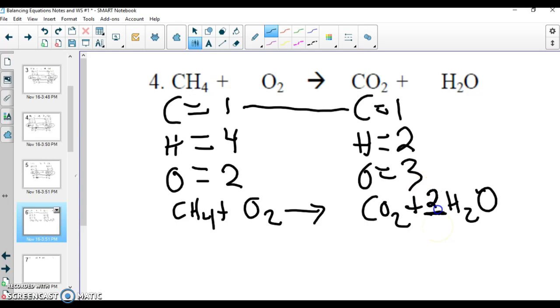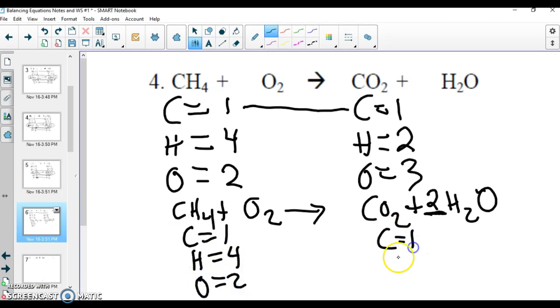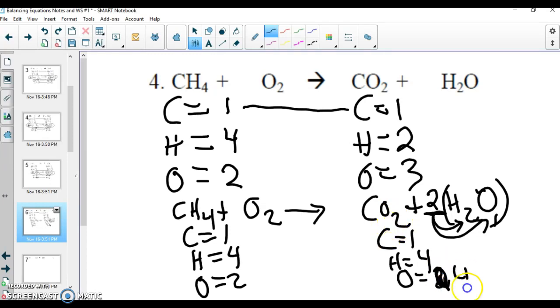And so I'm going to put a 2 here. So I have 2 oxygen here, and then I have 2 times 2 is 4 hydrogen, and then 2 times 1, which is 2 oxygen. Plus 2 oxygen here, which gives us 4.